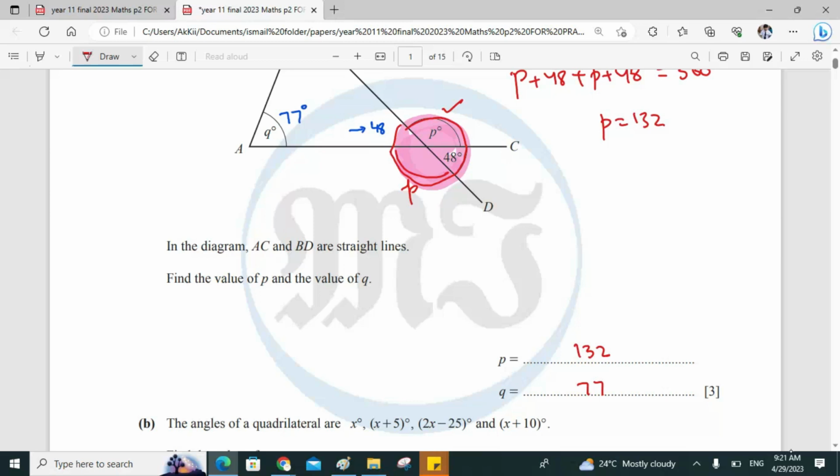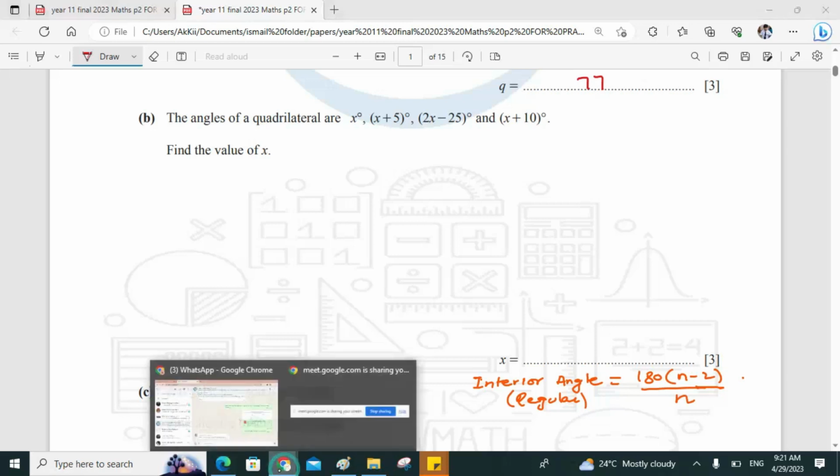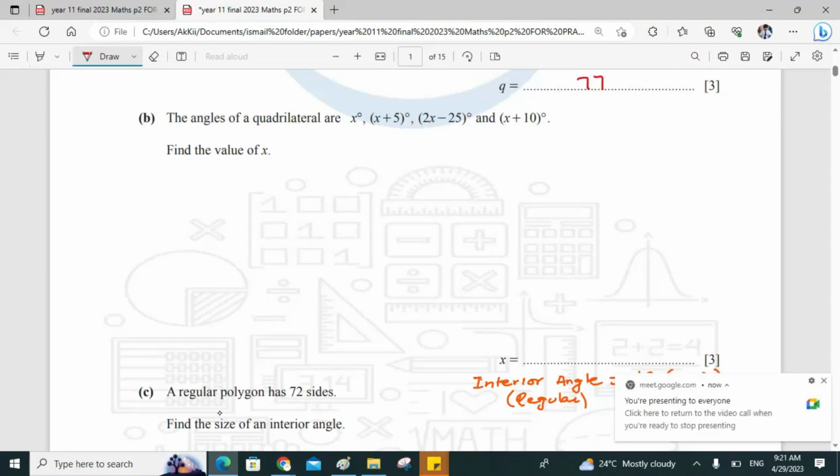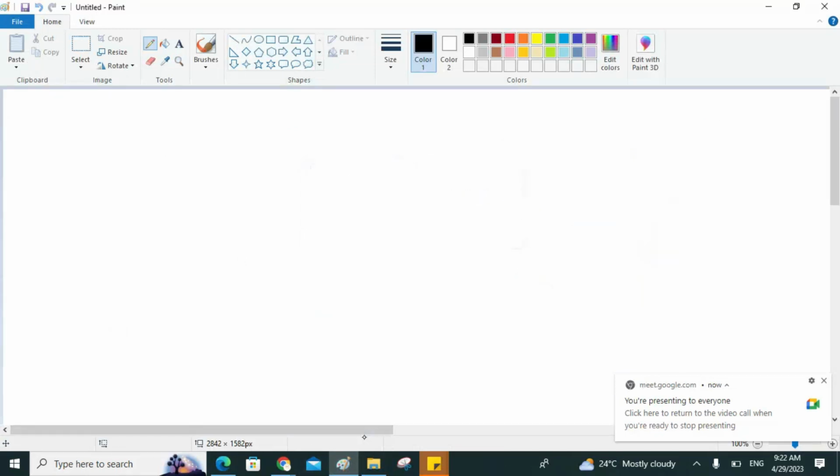Okay, now let us move on to the next question. Here it is. You can simply see that the angles of a quadrilateral are given. What do you understand by quadrilateral? First of all, a quadrilateral is a figure with four sides. It could be any four-sided figure. Here I am supposing that it's a rectangle.